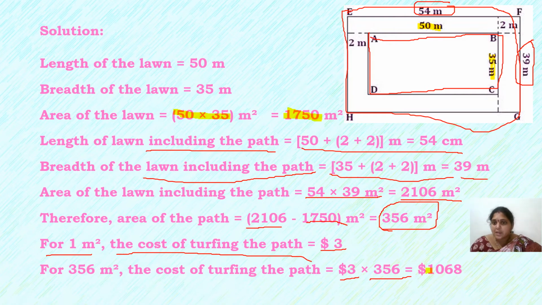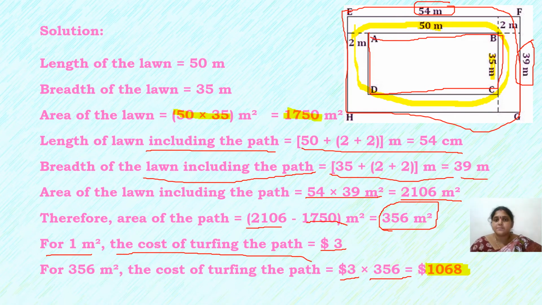It is rupees 1068. They are taking 1068 rupees for finishing the path with turf. This is how we find the cost of the path.